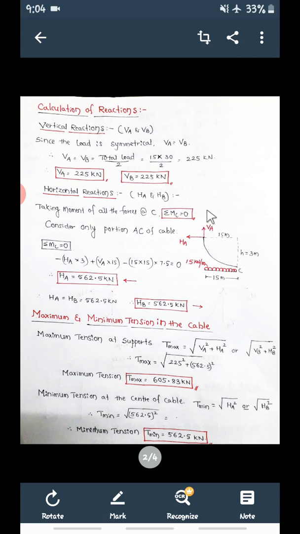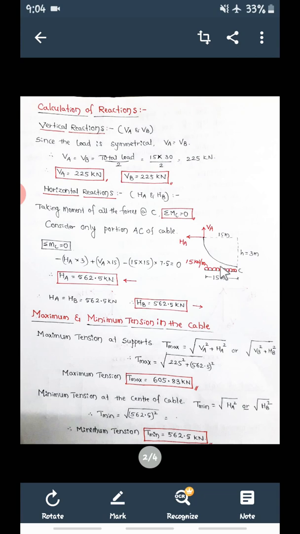Then this VA is clockwise now. VA into, what is the perpendicular distance? 15. So VA into 15. Similarly, this UDL: first convert this UDL into point load. That is, intensity is 15 and length is 15. So 15 into 15 becomes the point load here.